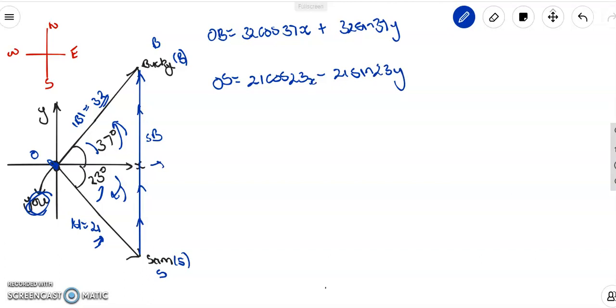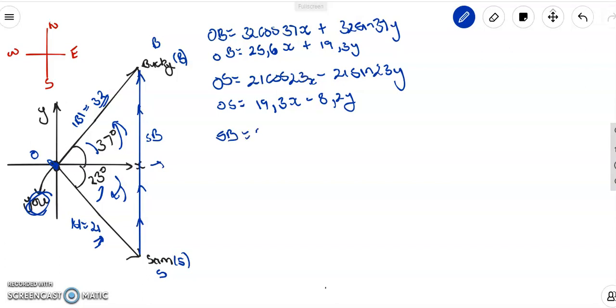Let me punch these into the calculator and write them down. Right, I've punched them into the calculator and written down the values. But what we want is the vector from Sam's tent to Bucky's tent, SB. How do we get SB? I'm applying vector knowledge here.